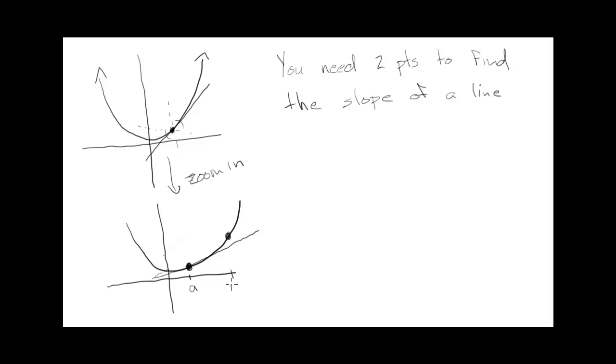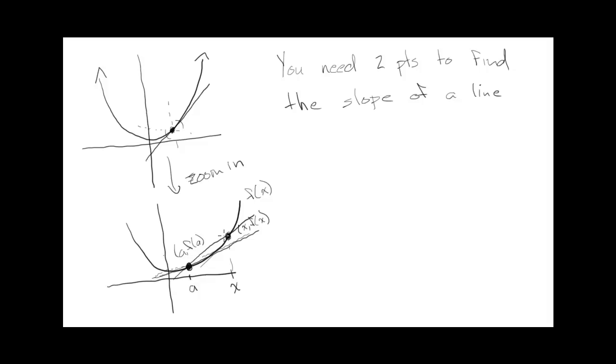Let's call this one X. So this one's A, then the coordinates of this point are A, F at A, because this will be the curve F at X. This coordinates would be X, F at X. Okay, so now look at the secant right here, going between A, F at A, and X, F at X. So that doesn't look all that much like the tangent, right?